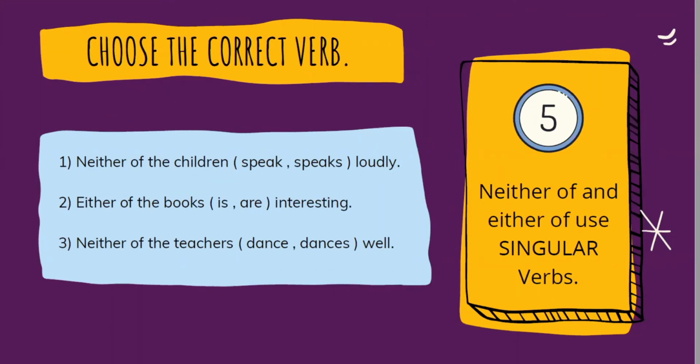However, you have to pay attention to the word of, neither of, either of. Once this is used, you choose the singular verb. So number 3, neither of the teachers dances well. Right? So the expressions neither of, either of, they take singular verbs.